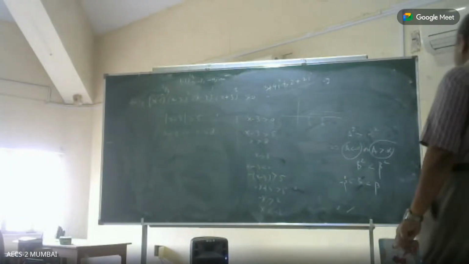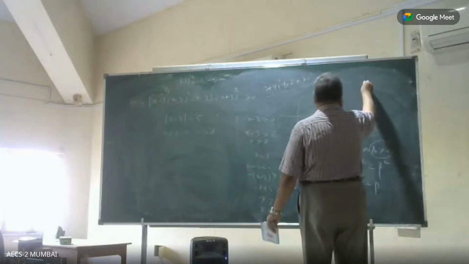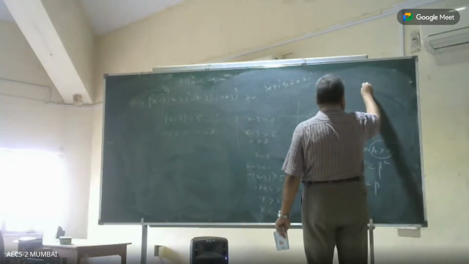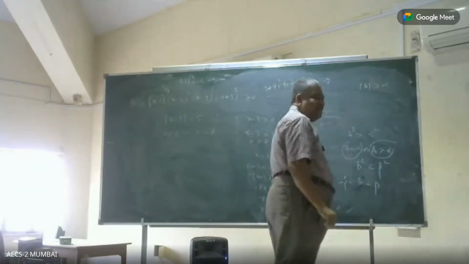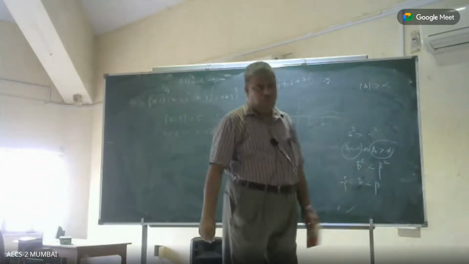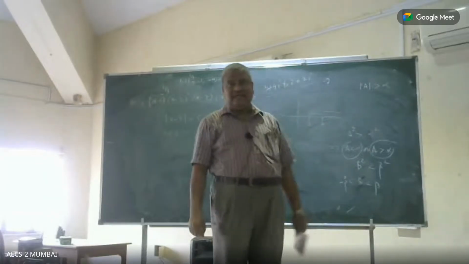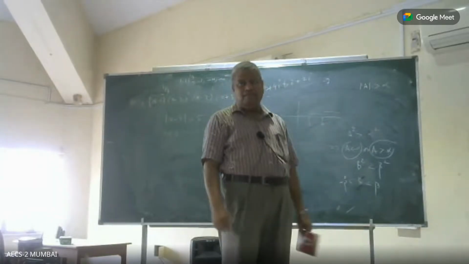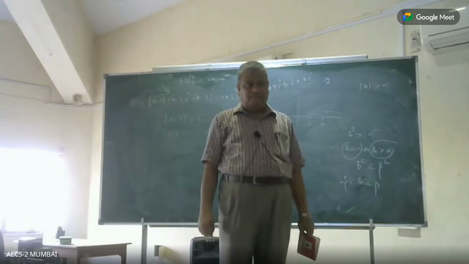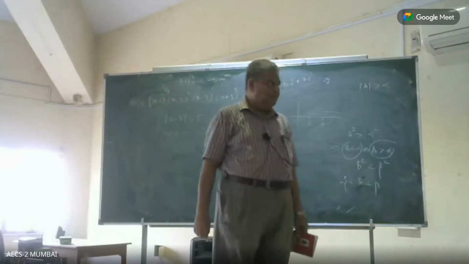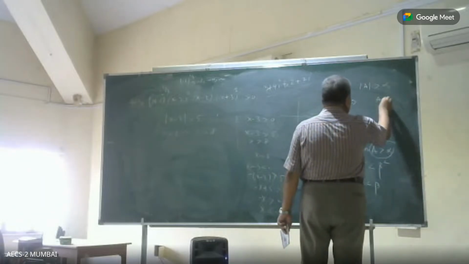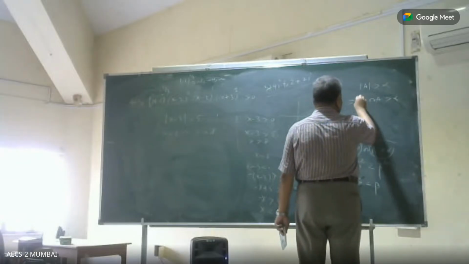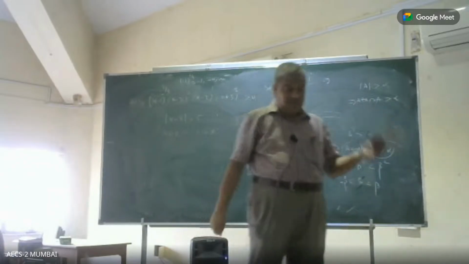Now what? Mod A is greater than alpha. What does it mean? So this means A is greater than alpha or A is less than minus alpha. Remember this.